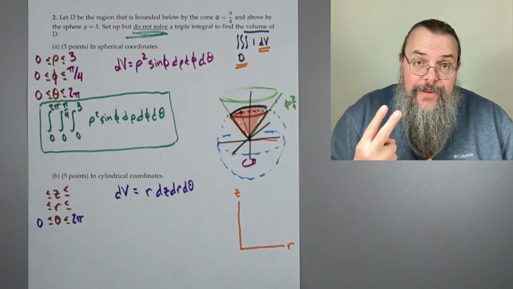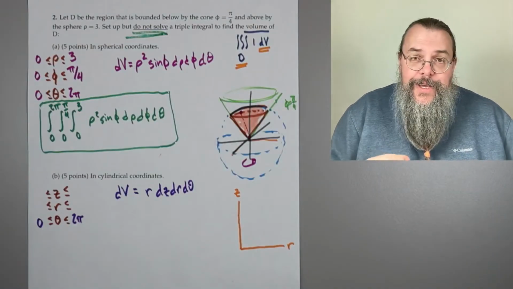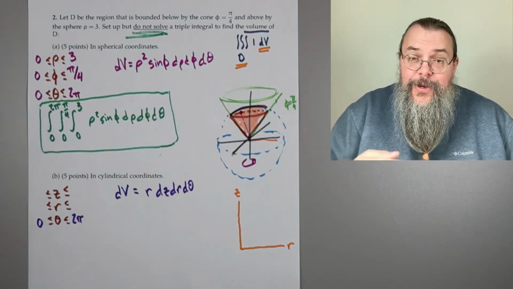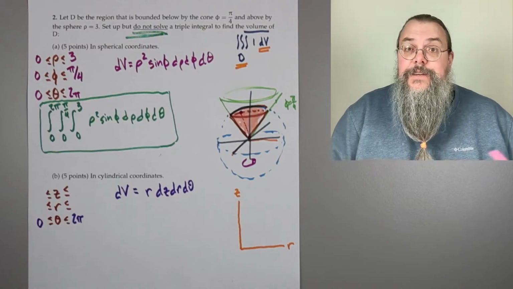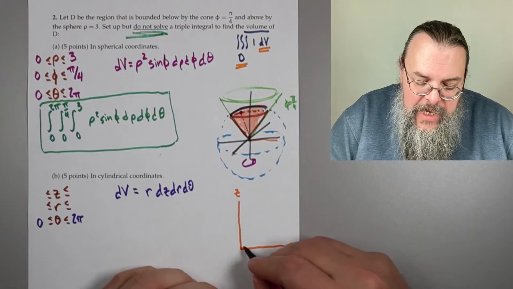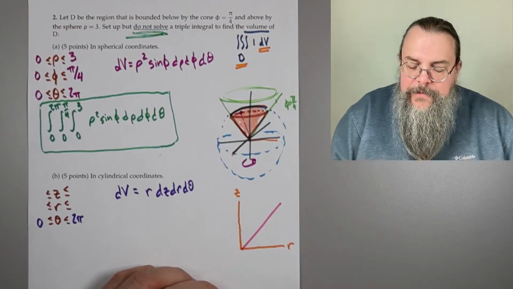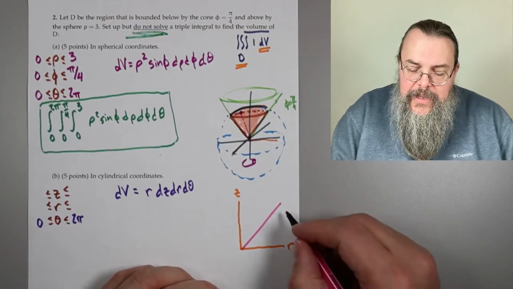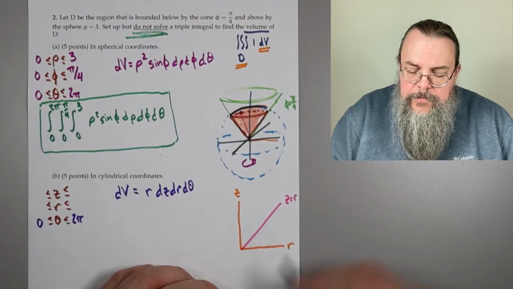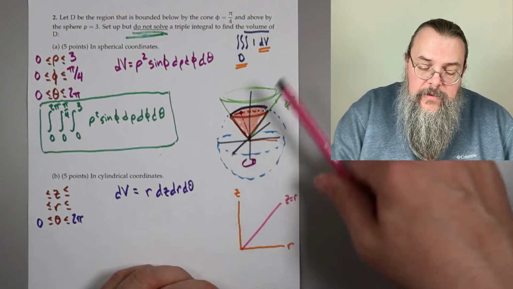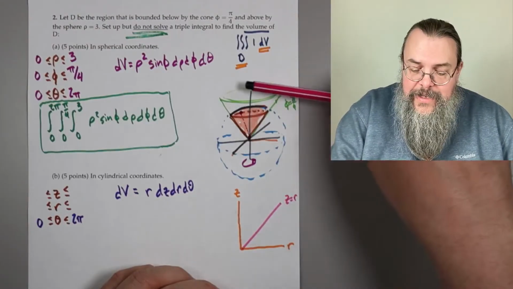Well, we see two things. One thing we see is the cone. When we slice the cone, the thing that emerges is a line. And it's a line that's coming off at 45 degrees. And that's a pretty easy line to describe. That's the line z equals r. The sphere, what does that look like in the slice?